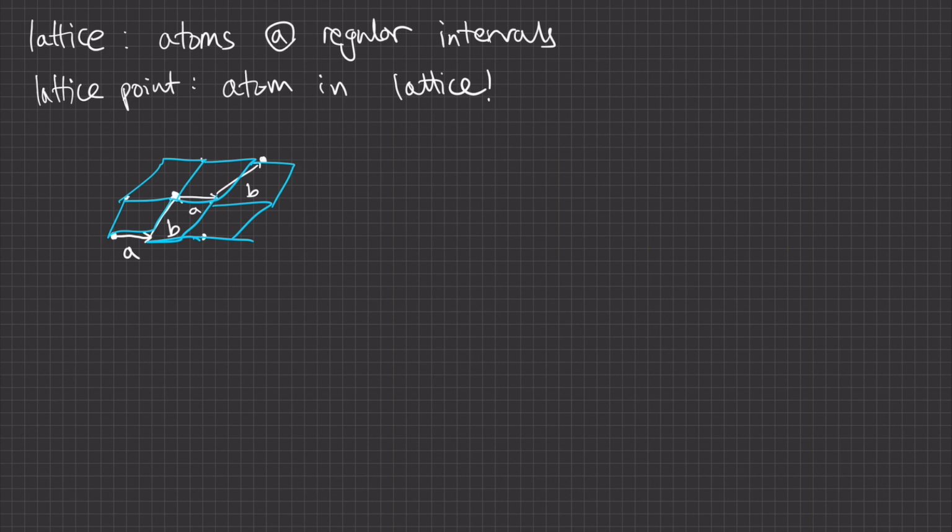And we also need to talk about the unit cell. So what is a unit cell? A unit cell is a small section of the lattice that can be used to generate the entire crystal. For example, if we look at that lattice we generated, this could be a unit cell because you just use 6 of these to replicate this entire lattice. And this could also be a unit cell because you can just use more of it to generate it.